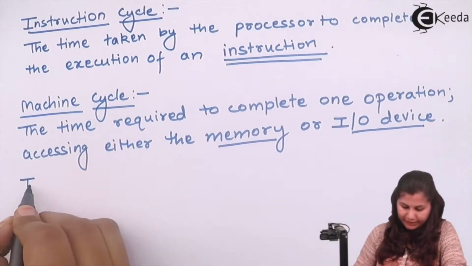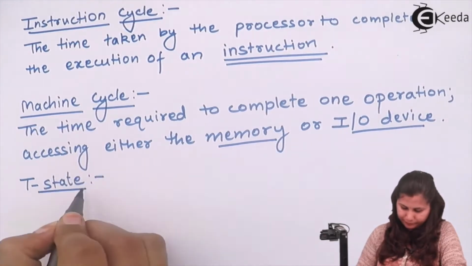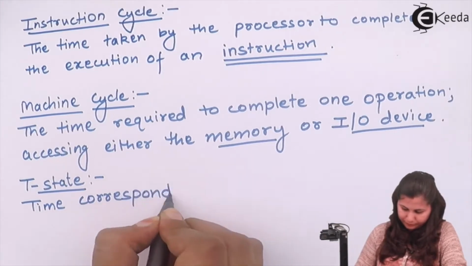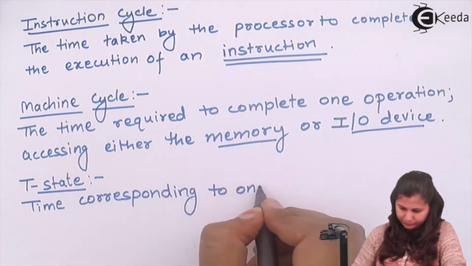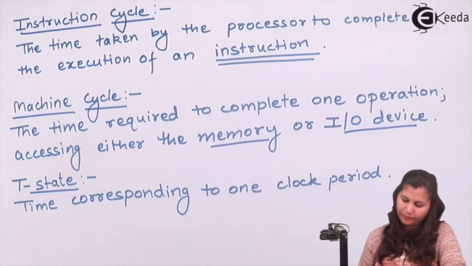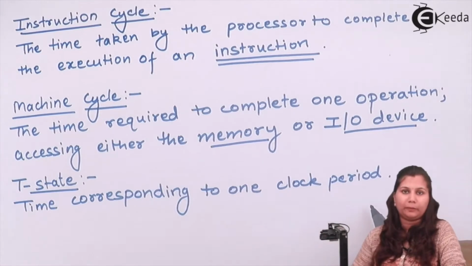Then we have T states. T state is the time corresponding to one clock period.